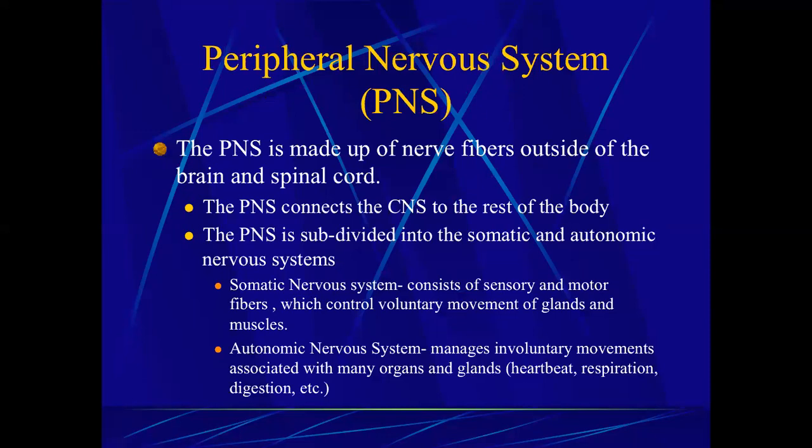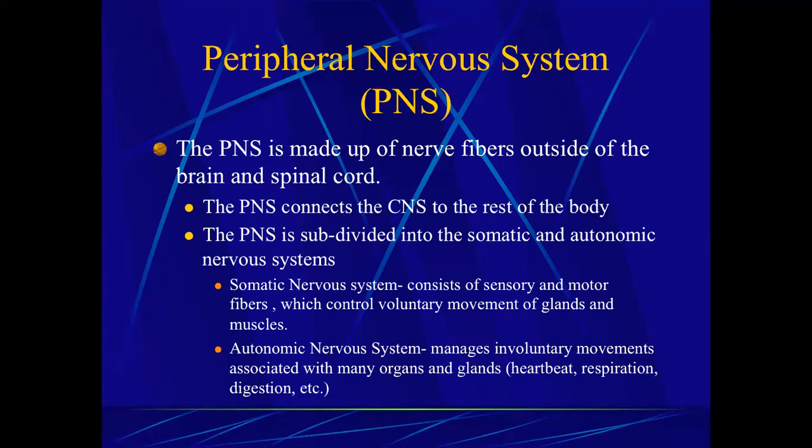Well, as I said, we'll talk about the different parts of the brain separately. But let's get into the peripheral nervous system. I said the central nervous system is the brain and spinal cord, and the peripheral nervous system is everything else, basically. The peripheral nervous system has a very critical function.